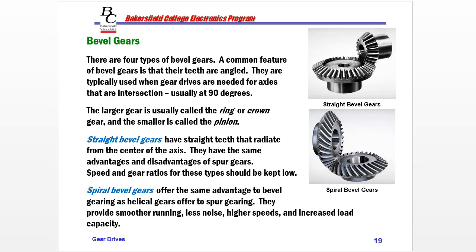And you can actually order some vehicles, especially trucks and larger SUVs, with different gear ratios. Let's say you're going to do a lot of towing, a lot of pulling, and you would get a higher gear ratio. This would give you more torque for that power needed to pull a trailer and to get a heavy load moving.